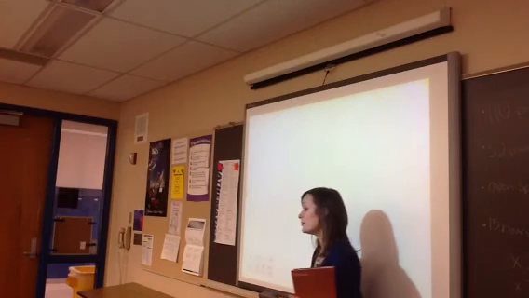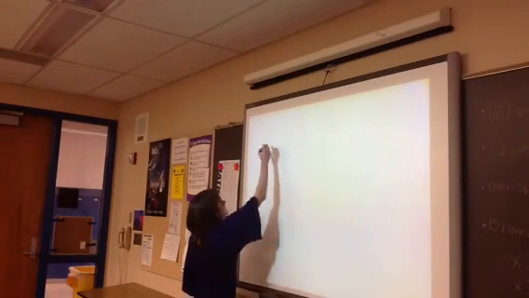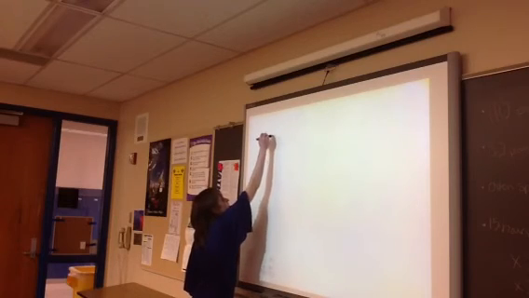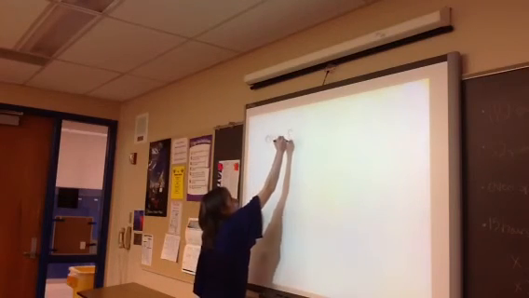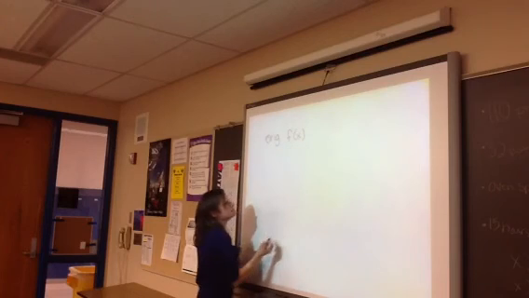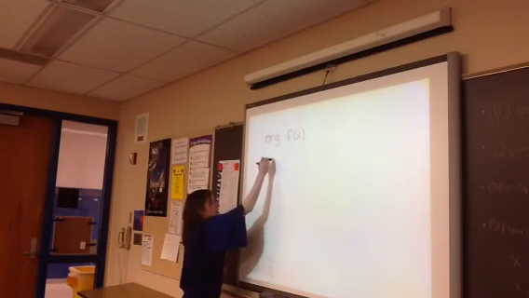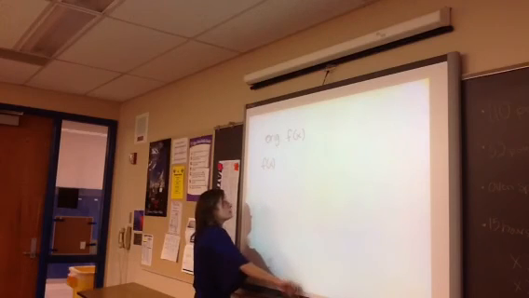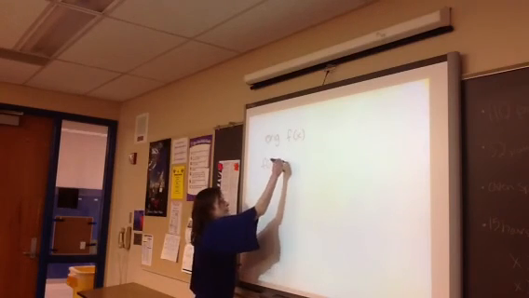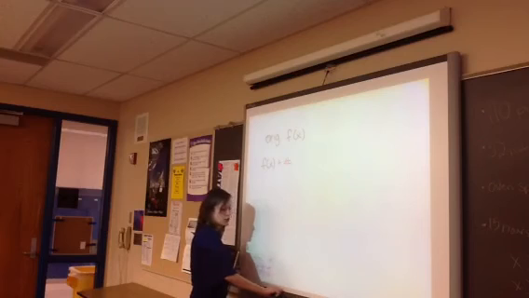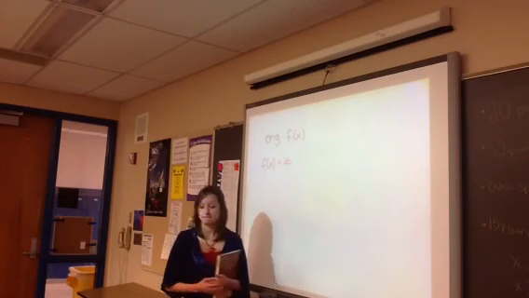So let's generalize what we need to be doing. If our original is f of x, and I give you f of x plus a number, does that change x or y?